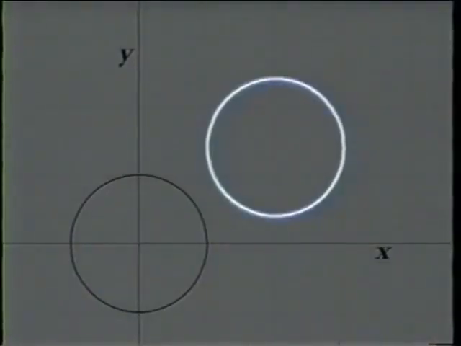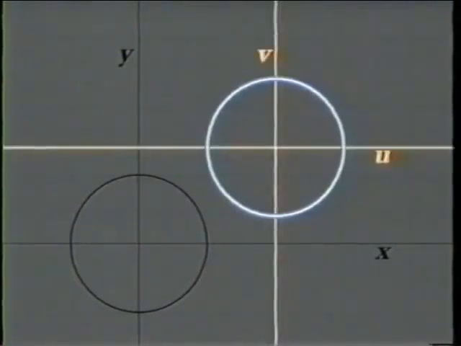To find the equation of the image circle, we'll temporarily introduce a new set of axes, u and v. This makes life a bit easier, since the image circle is now centered at the origin, even if it's the UV origin.